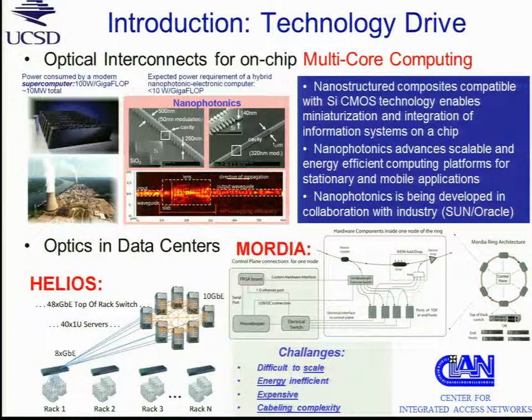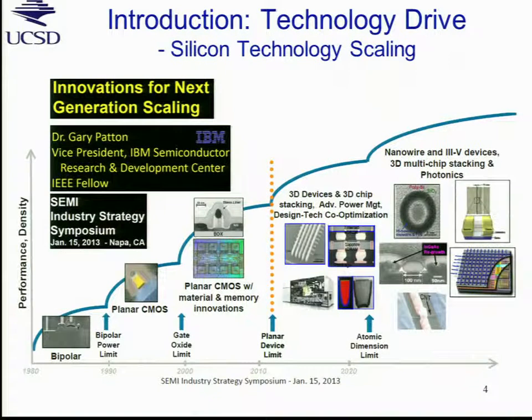Now, I'll try to look at where we are going from here in the future. And I borrowed this information from a semiconductor industry strategy symposium early in 2013, where they are projecting that basically in 2020 they will need to integrate nanowires, 3-5 semiconductor devices, as well as put a photonic network on top of logic and memory devices.